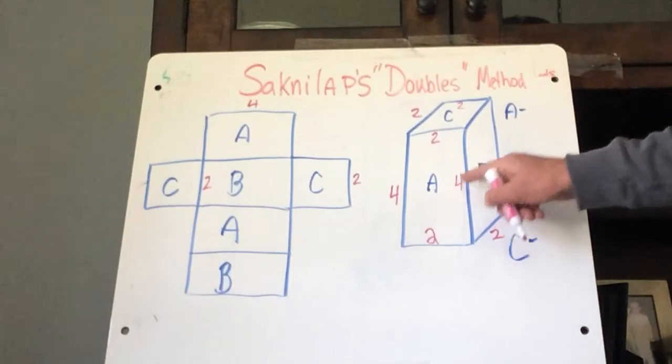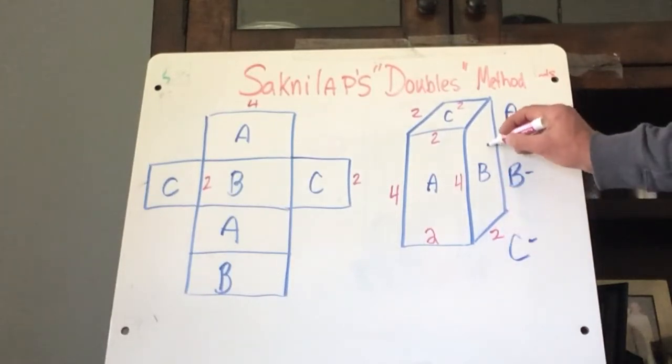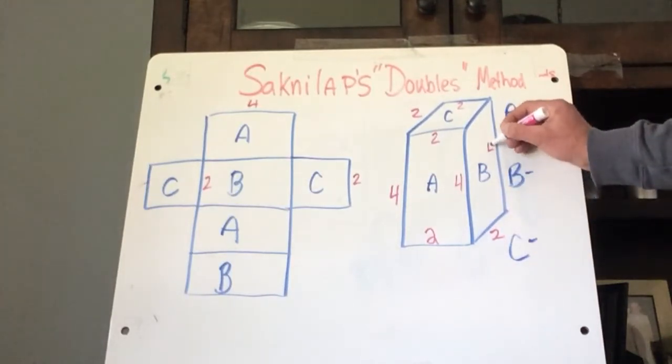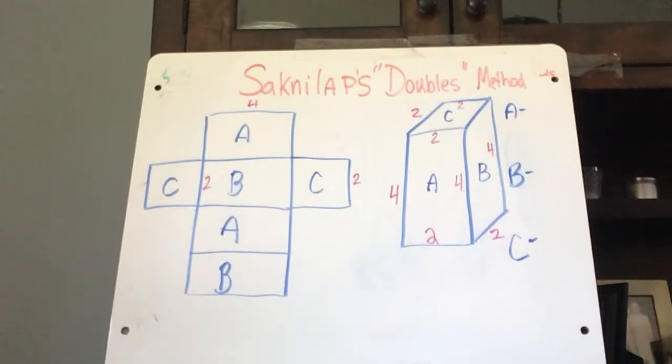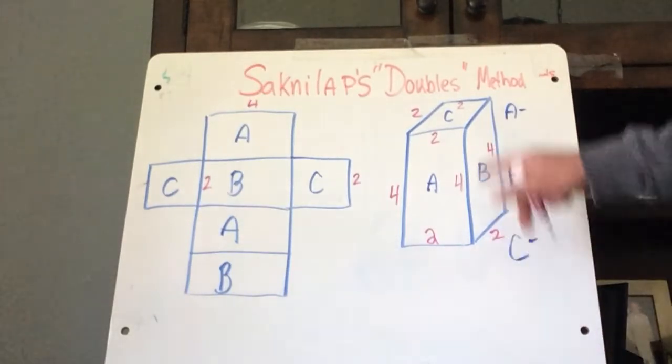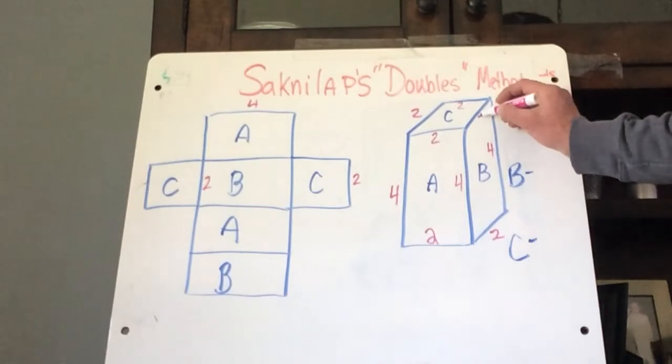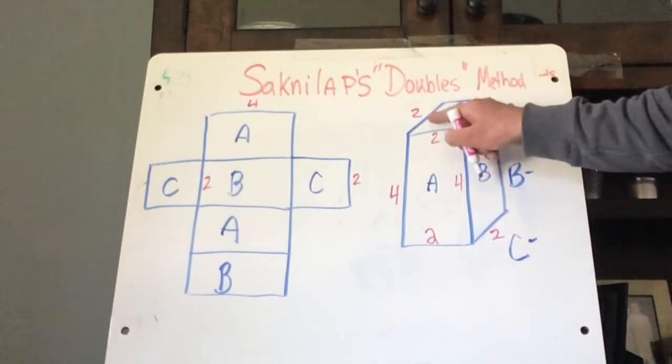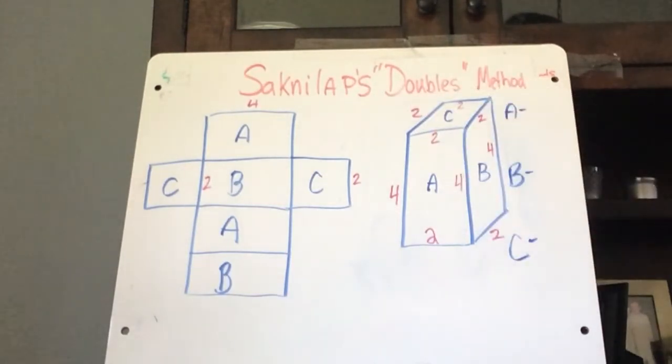And if this is 4, then this has to be 4 as well. All right. If this is 2, then this has to be 2. And if this is 2, then that, it's already labeled. Silly boy. Okay, so now we are 100% labeled.